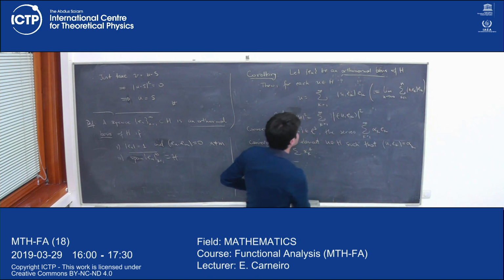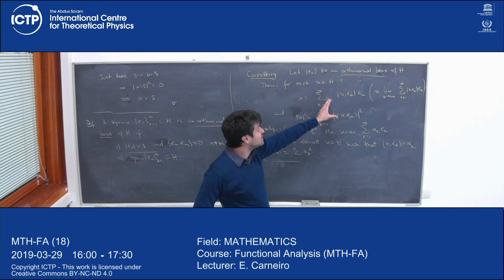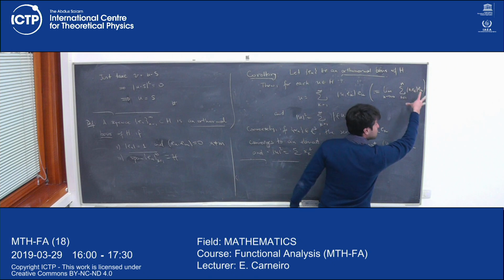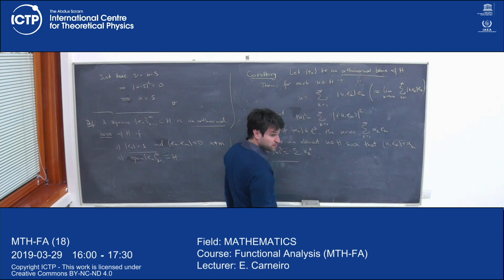So when I say it's the sum from 1 to infinity, I don't mean it in a pointwise sense. Of course, I mean the limit in the norm of the space. The sequence of elements of the space converges in the norm of the space to u, and the norm of u squared is just the sum of the squares of these real numbers here.